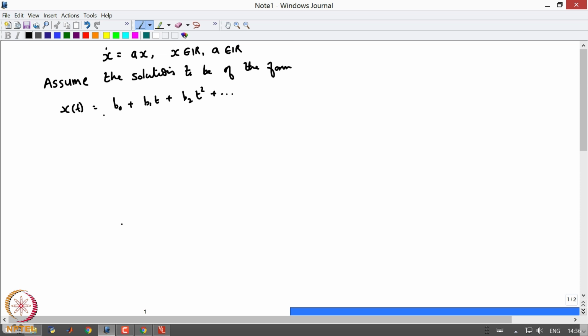Assume that this is a solution, and if this is a solution, then it must satisfy, let me call this equation 1, the ordinary differential equation 1. So, let me differentiate.